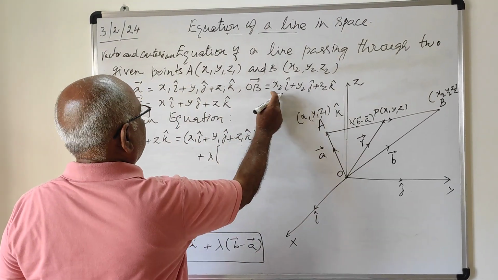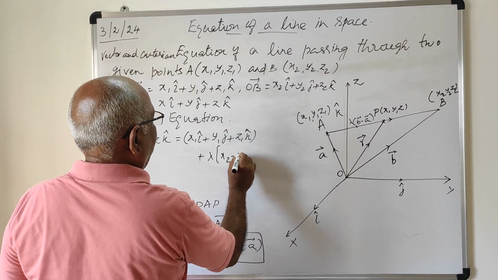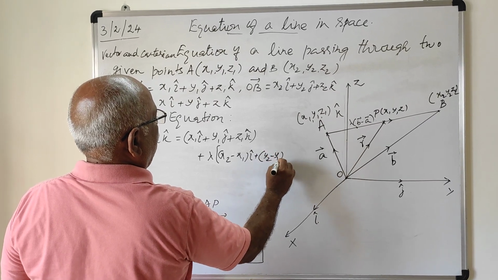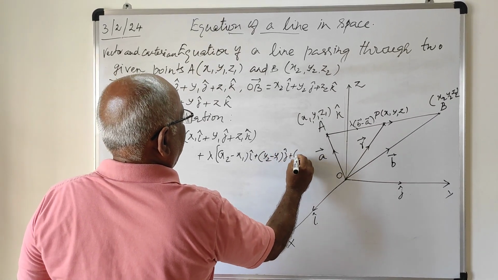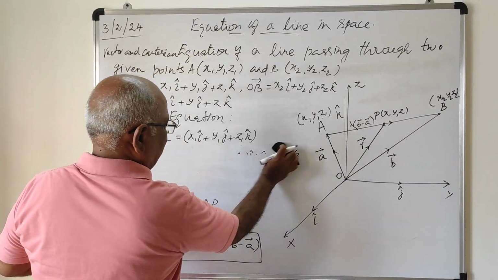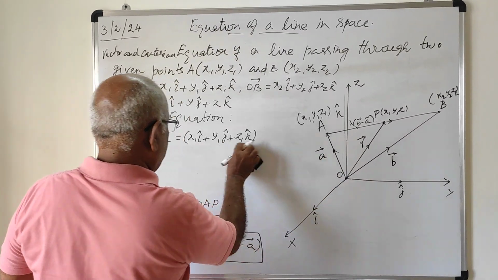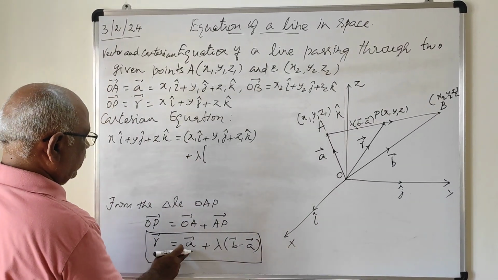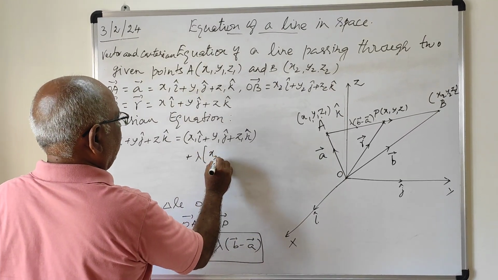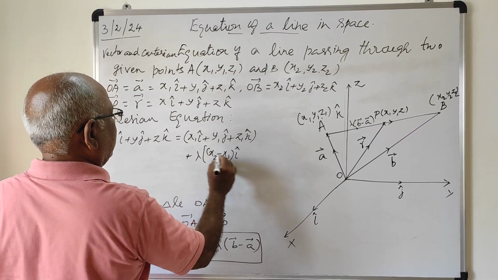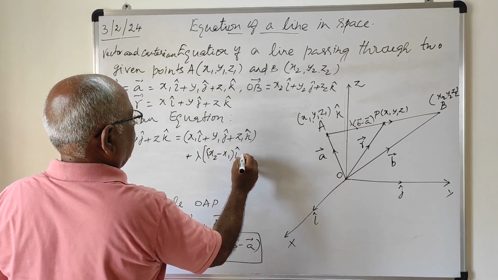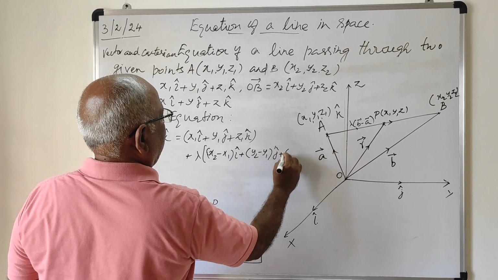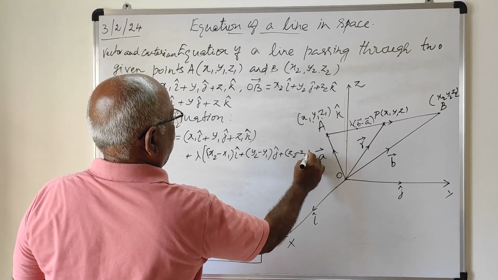Therefore B minus A is x2 minus x1 into i plus y2 minus y1 into j plus z2 minus z1 into k.